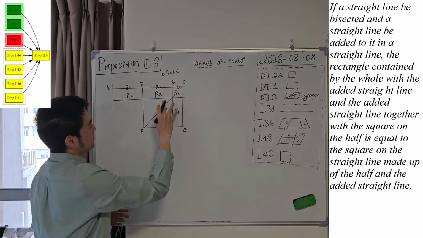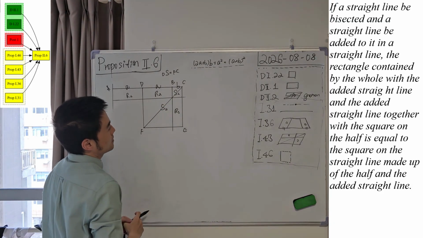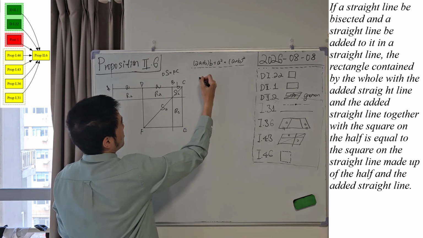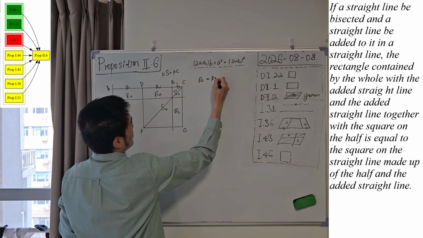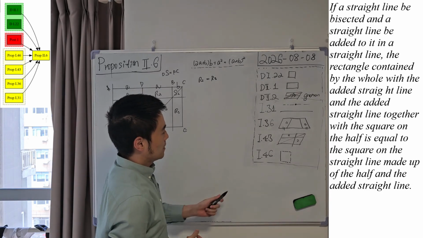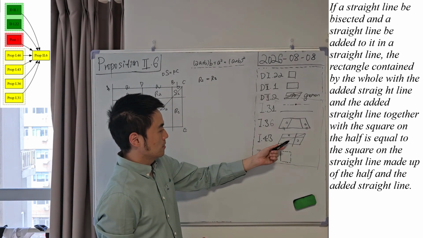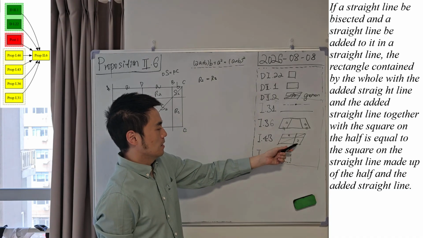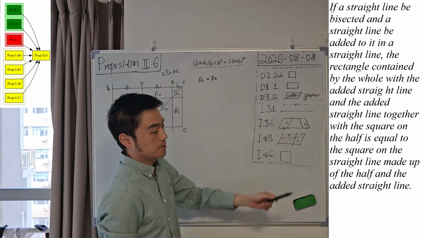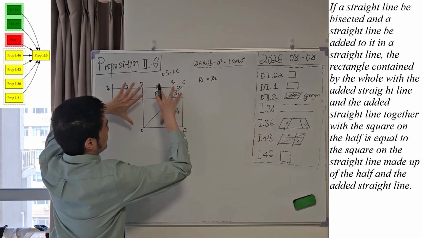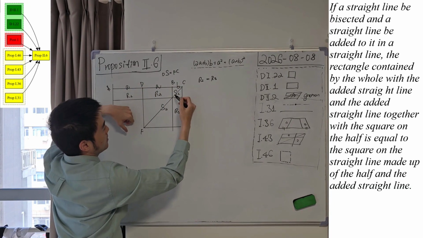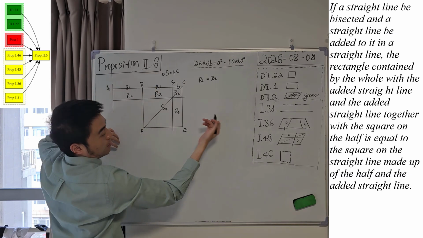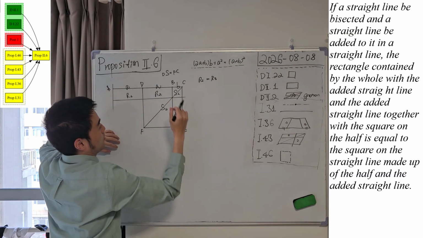And if we have a look at this square, we will know that R2 will be equal to R3, correct? Because recall proposition 43, two complements of a parallelogram about the diameter are equal. So this is a parallelogram, of course, because it is a square, and this is the diameter, and R2 and R3 are two complements about the diameter, so they are equal.